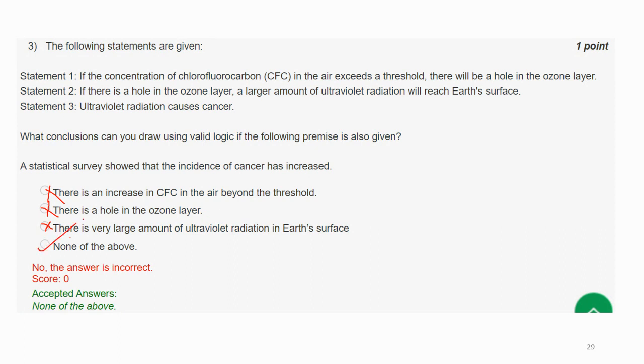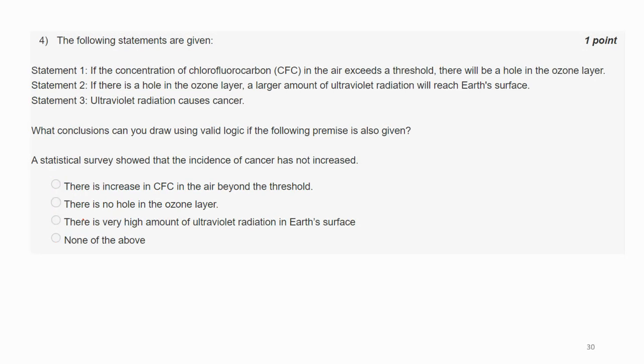Now coming to the last part, the statements are again the same. Here the premise is a statistical survey showed that the incidence of cancer has not increased. Oh, sorry, this will be the modus tollens, right?